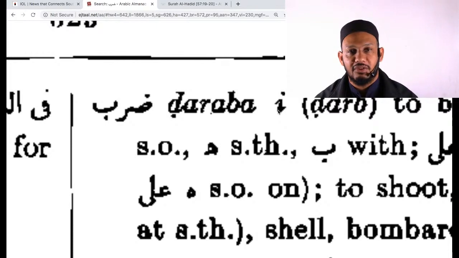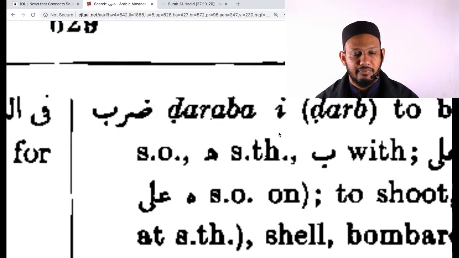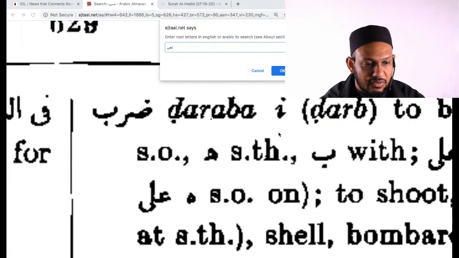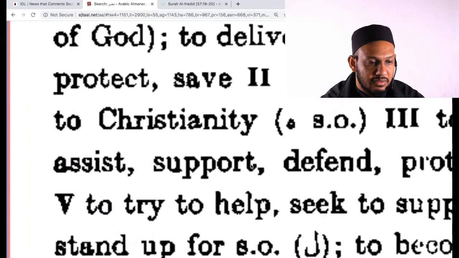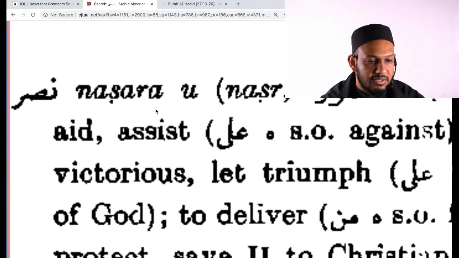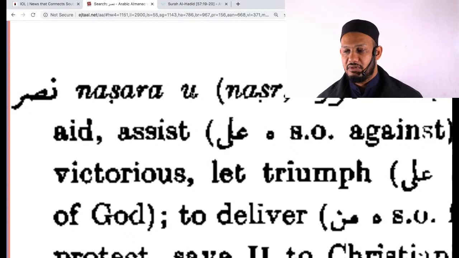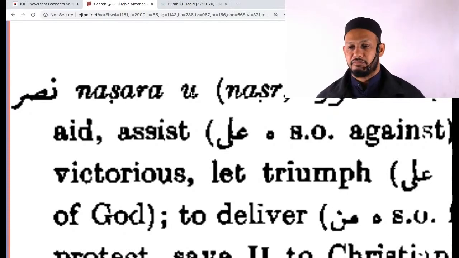Not daraba yadrabu or daraba yadrubu. Daraba yadribu. You with me? And then finally, let's go to nasara. You can see nasara, there's a u, which means nasara yansuru. Okay, so that's how you know.